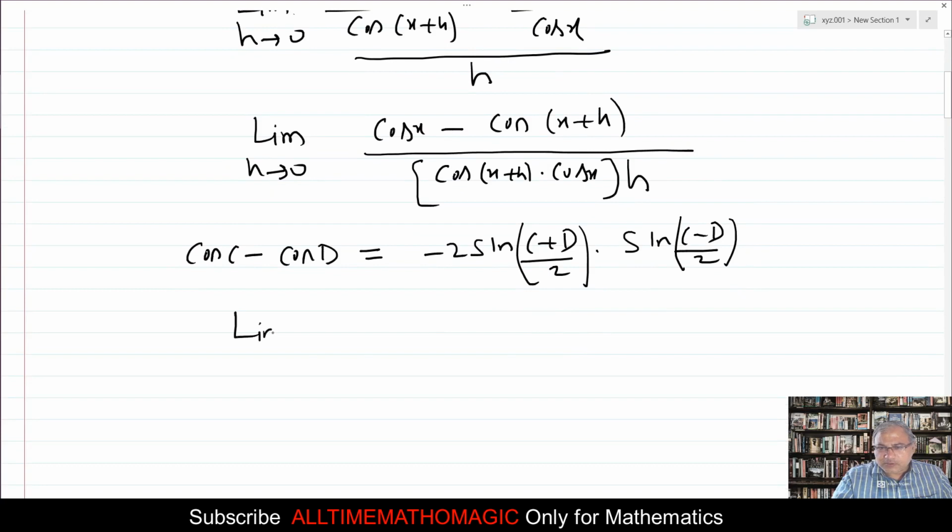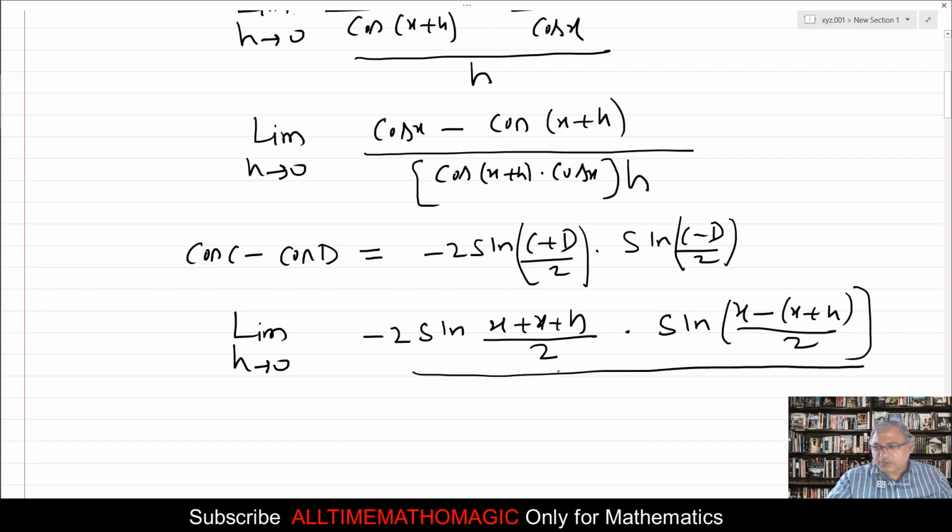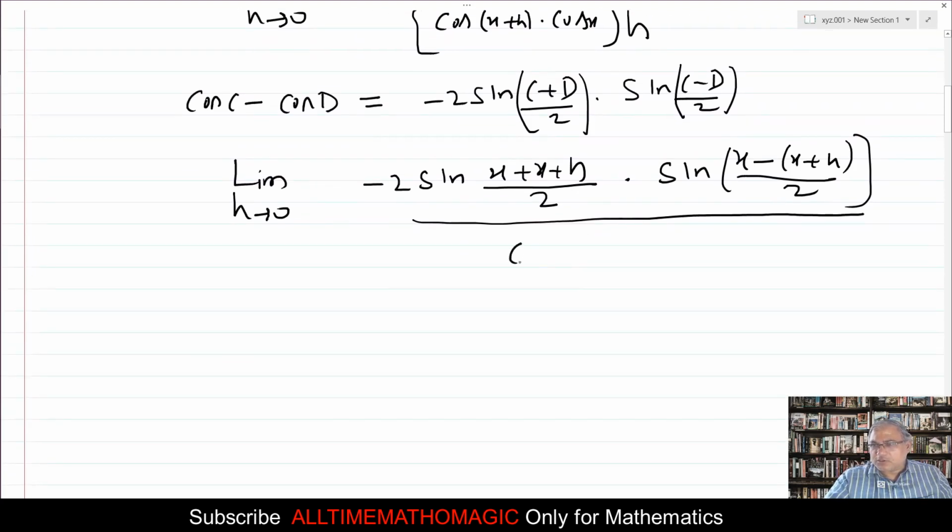Applying this, limit h tending to 0 of minus 2 sin of (x plus x plus h) upon 2 sin of (x minus x minus h) upon 2, divided by cos of x plus h cos x into h.